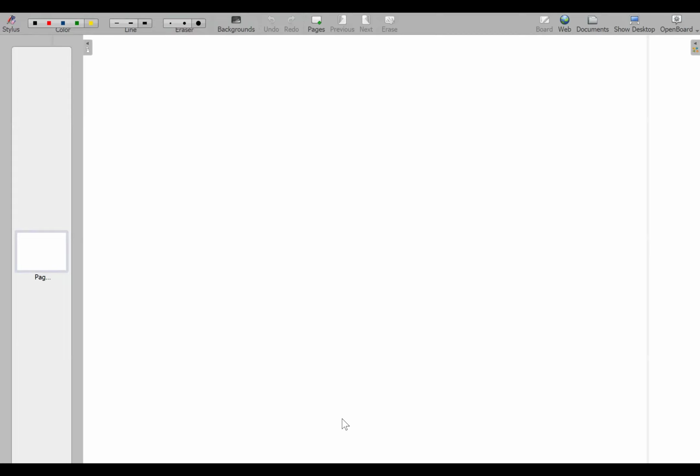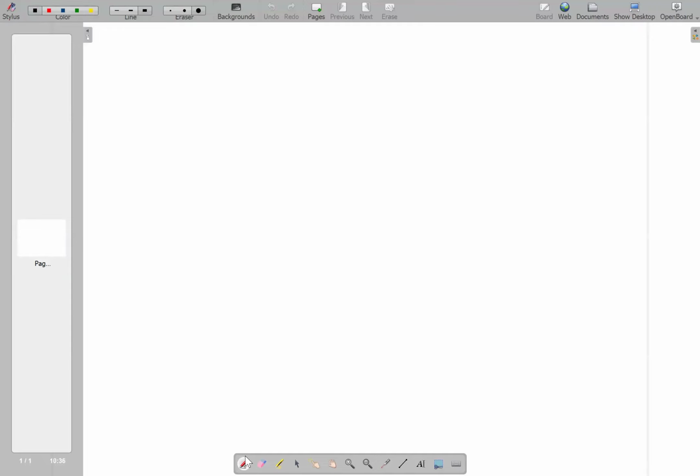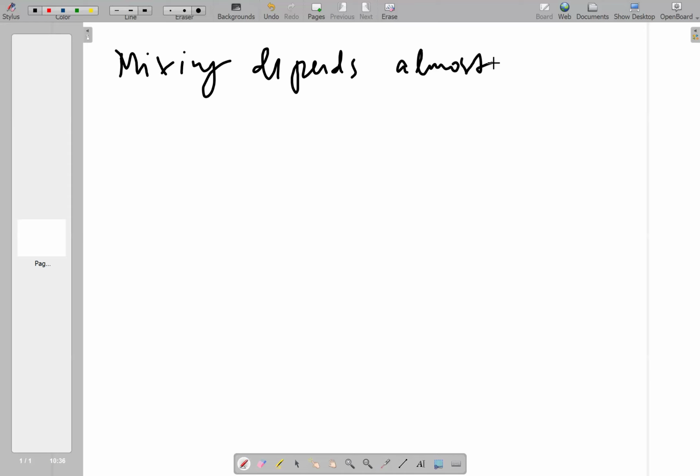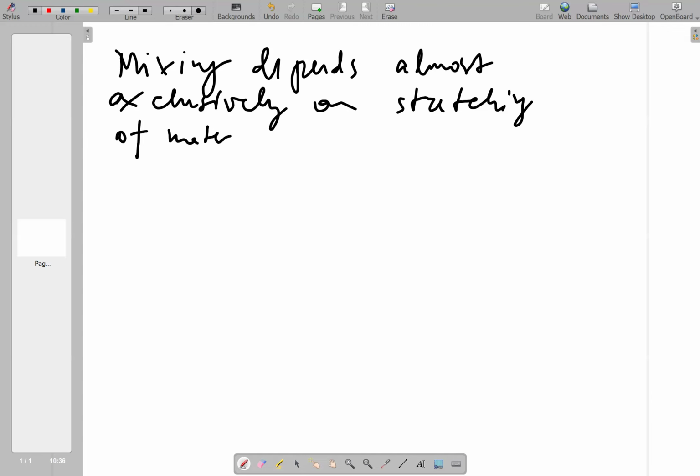So, mixing depends almost exclusively on stretching of material elements.